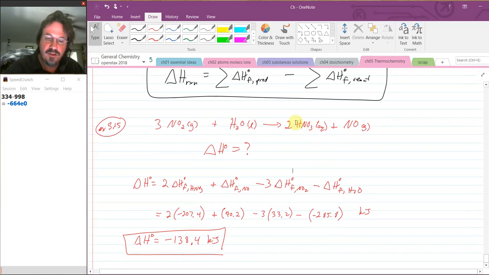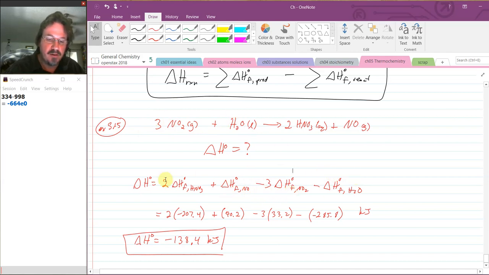I've got 2 nitric acids that are being produced. Right? So I'm going to start my calculation as 2 times the delta H of formation of nitric acid. Up here I'm producing 1 NO. So now I'm going to add to that the delta H formation of 1 NO. I have 3 NO2s as reactants that I'm going to be letting come apart, so I'm actually subtracting, and 1 water, so I subtract that.